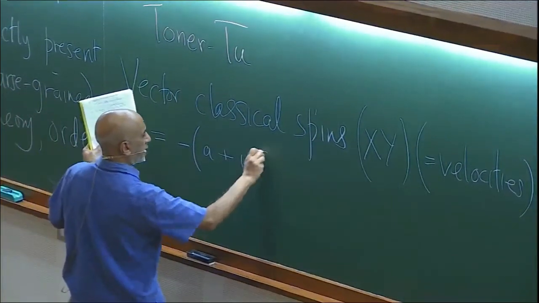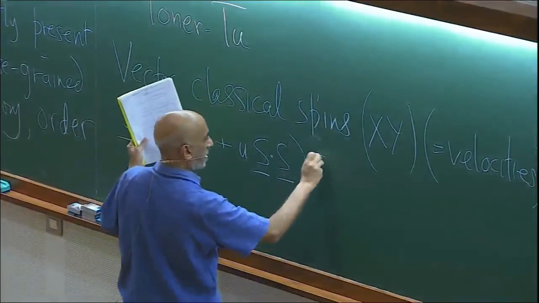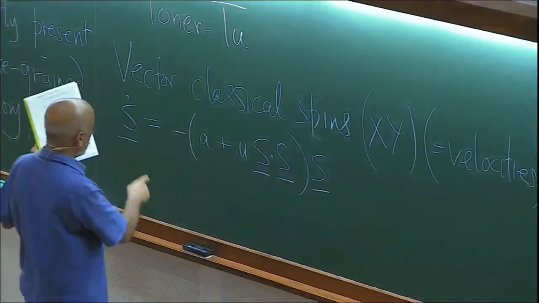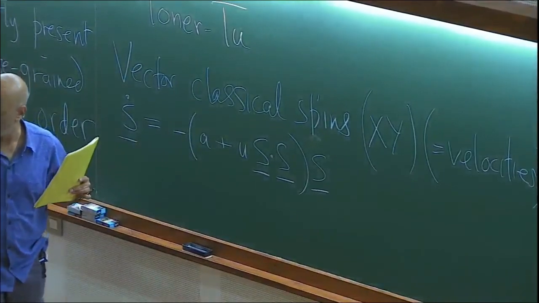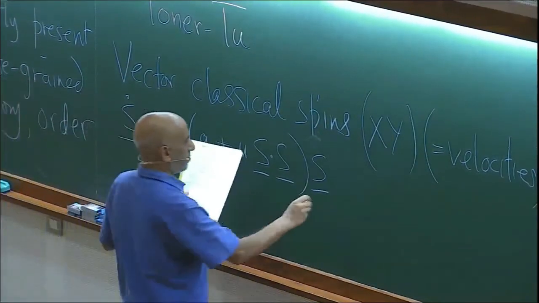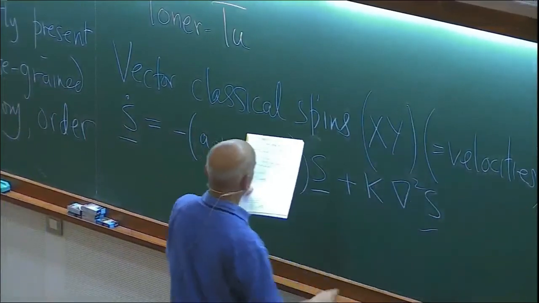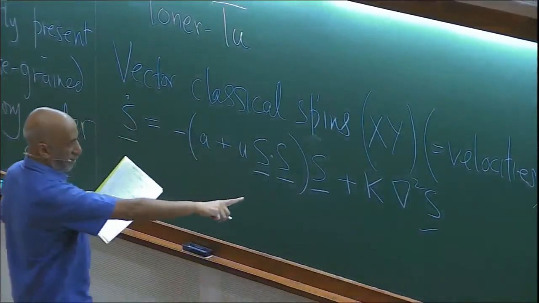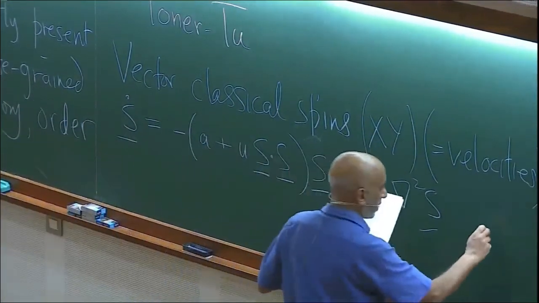I'm trying to stick to my notation of last time, but tell me if I'm making a mistake. I think I used arrows on the top and now I'm putting lines below. That may be one difference. Okay. So this was just plain XY dynamics. And then I added a couple of things.